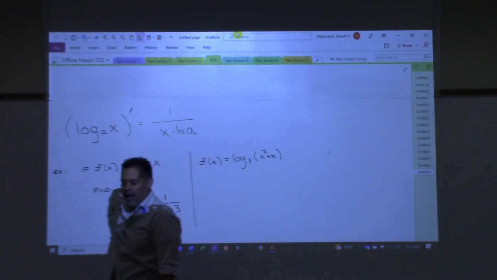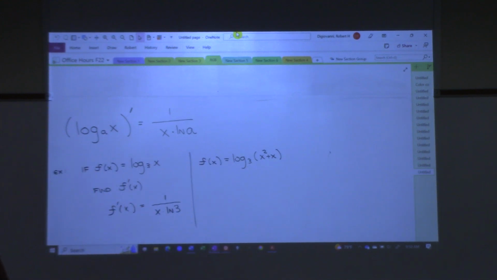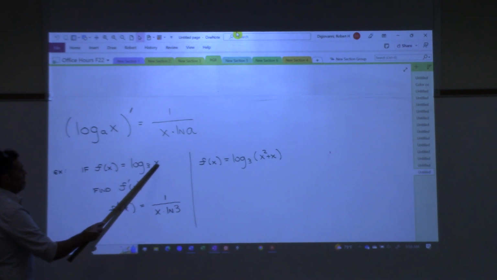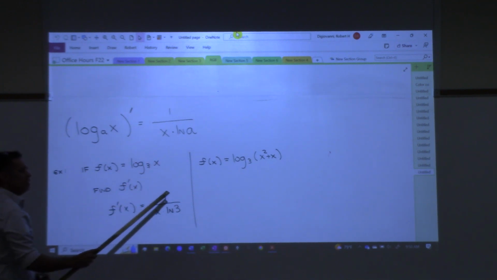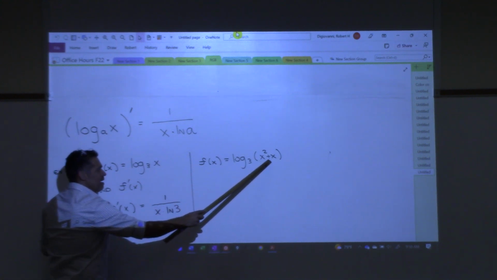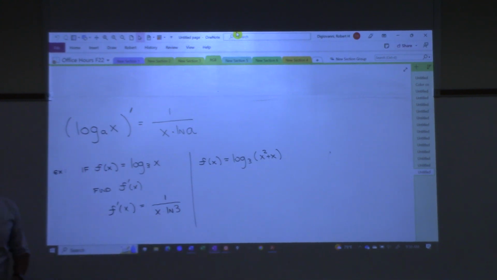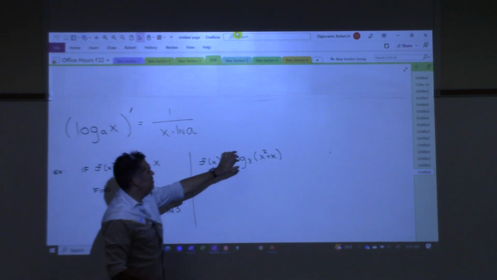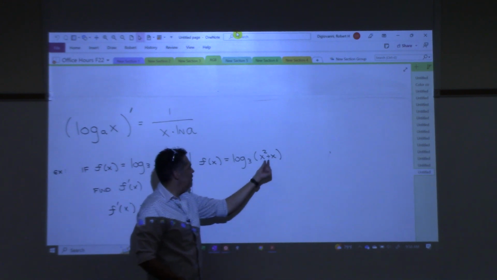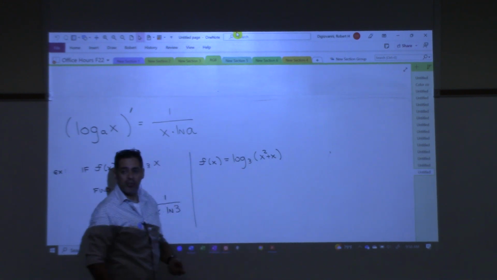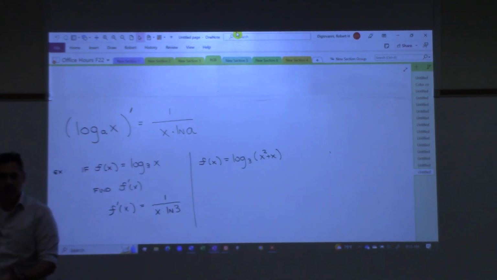Here the argument of this log function was x, so I just did exactly what this formula says. Here, the argument inside is not just x, it's x squared plus x. Think of it like if this said sine of this. It's composition. You have a function inside of a bigger function. So we're going to have to apply the chain rule here.